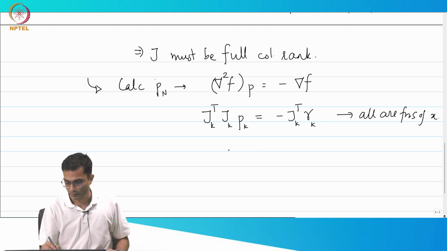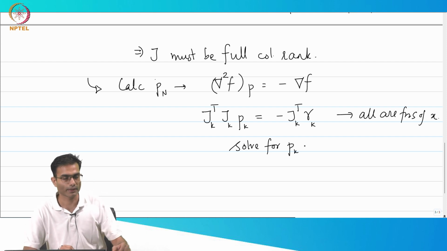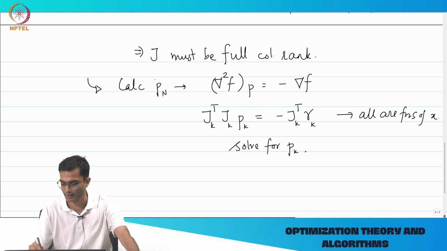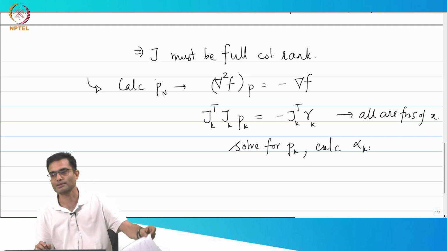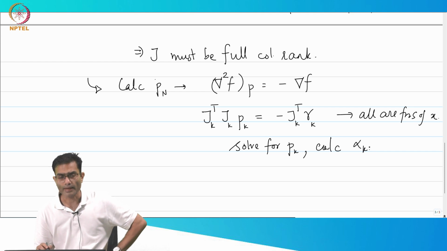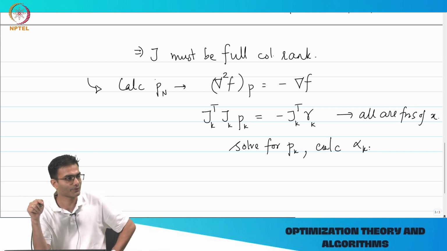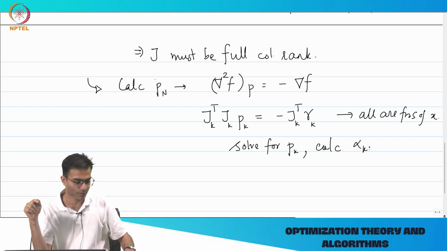So we need to solve for pk. Once I get this, I calculate the step length. Calculating the step length moves me to the next point, and convergence is of course norm grad f tending to 0. That's how the usual Newton method works.